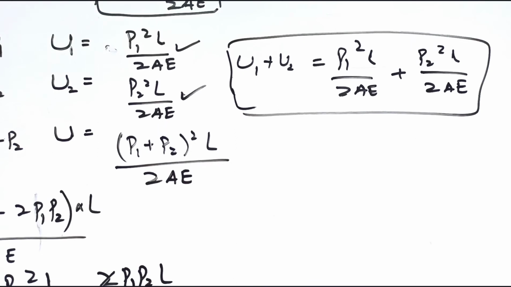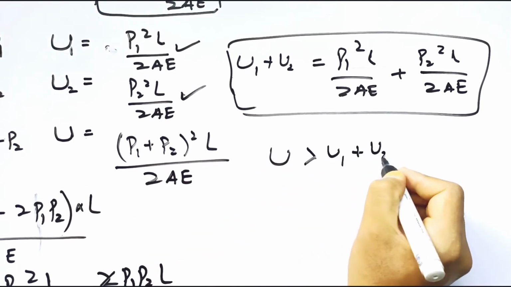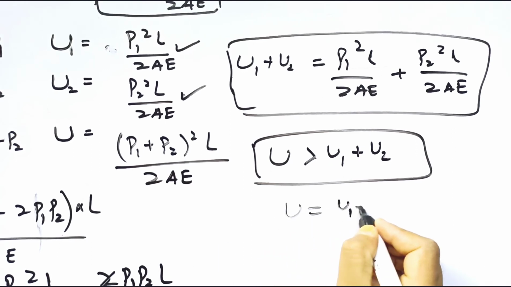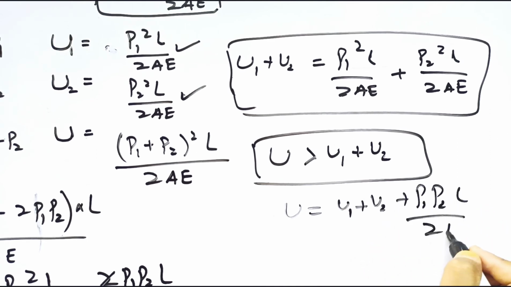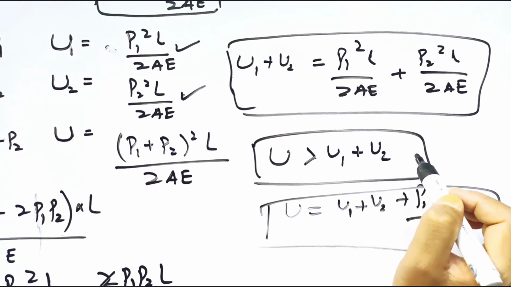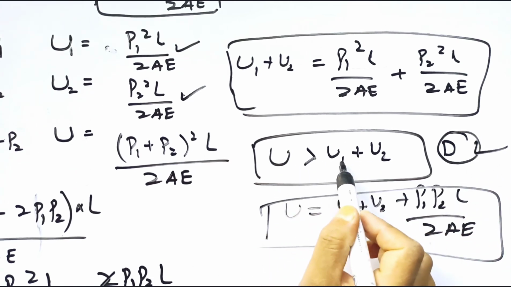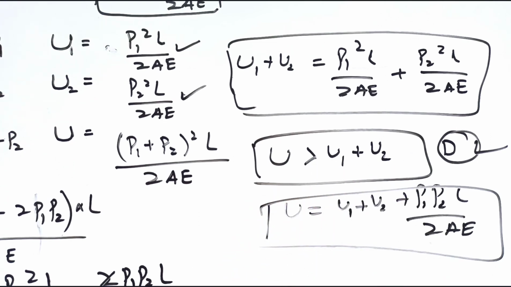So I can write here U is greater than U1 plus U2. I mean U is equal to U1 plus U2 plus P1 P2 L divided by AE. So according to the options, the correct option is option D. Option D is the correct option because U is greater than U1 plus U2 is the correct relationship between these three strain energies stored in the bar.